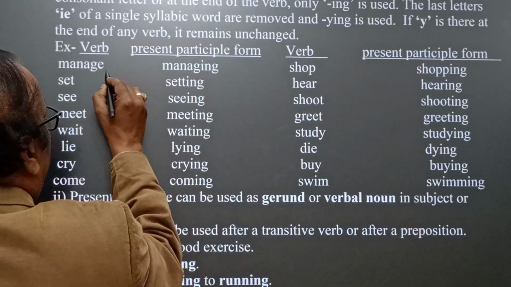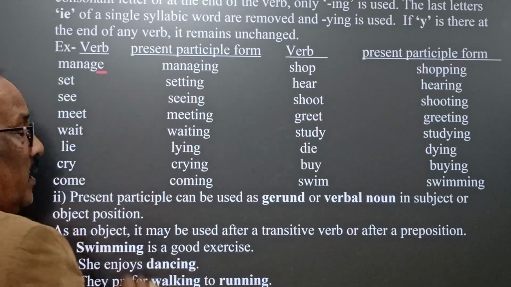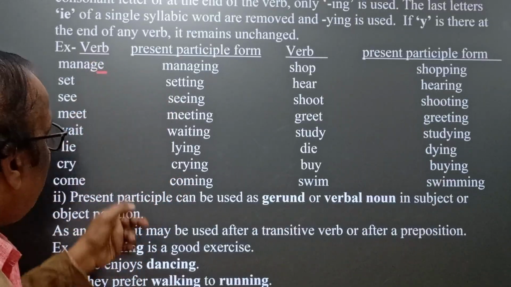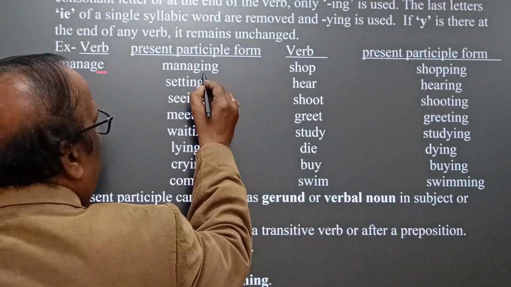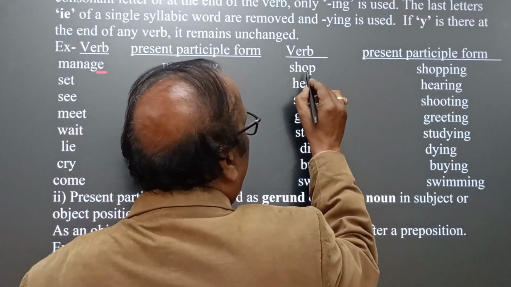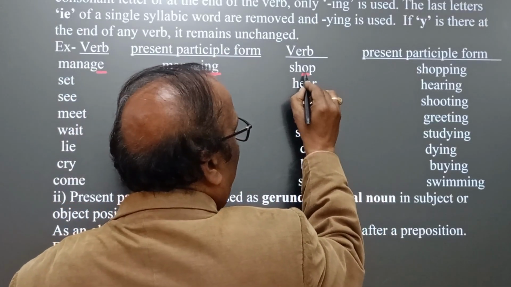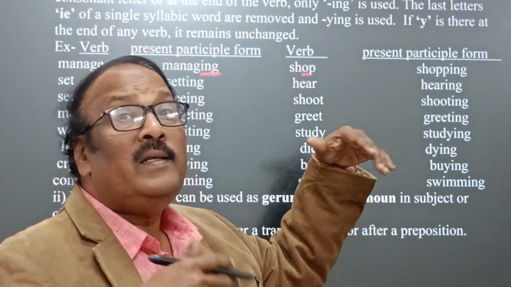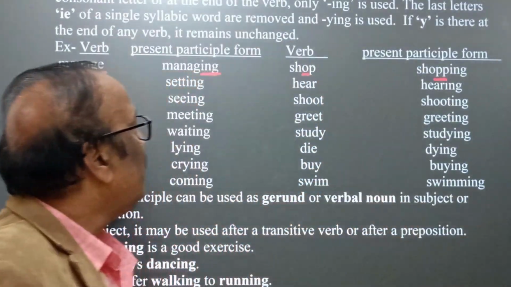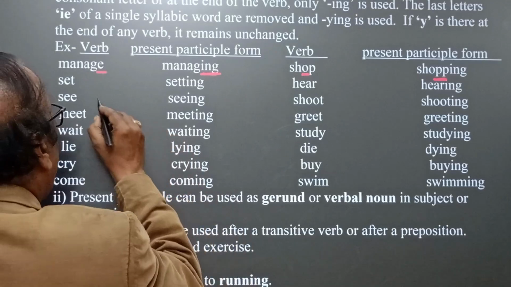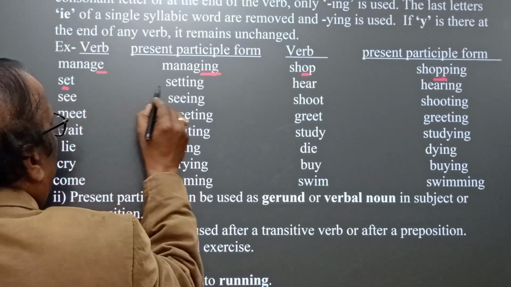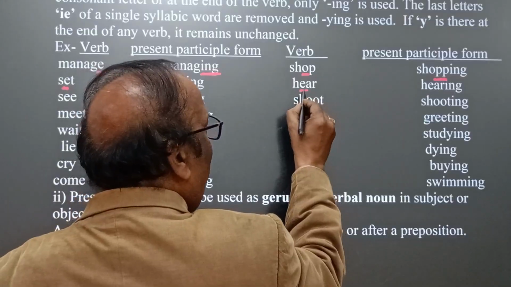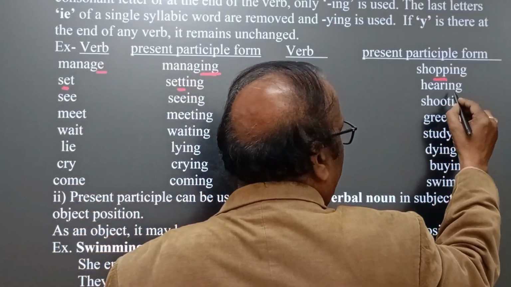Manage, managing. Here we find that E is at the end of the verb manage and therefore E is dropped and ING is used. Shop: here we find a vowel and therefore the last consonant letter P is repeated. Shop, shopping. Set, setting. Here vowel E, therefore double T. Hear: here two vowels, therefore no change.